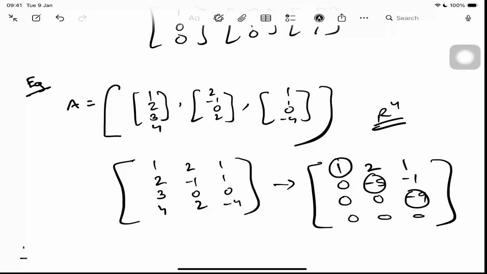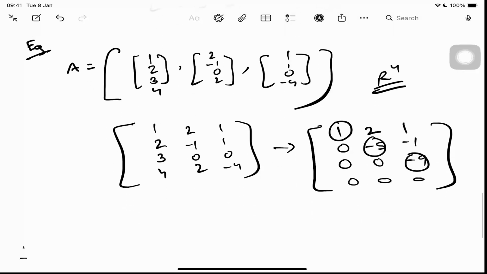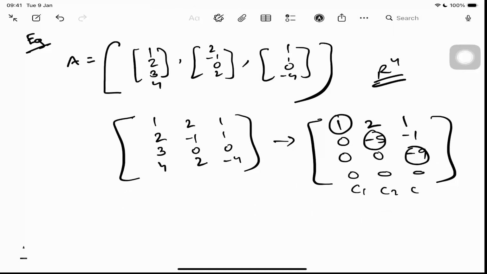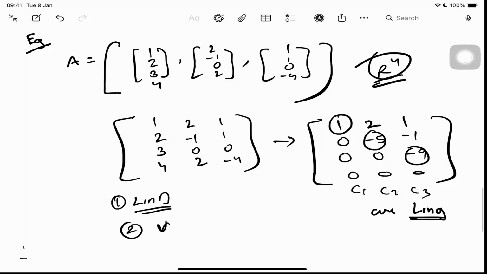As we have 3 pivots in this, from earlier lessons you can tell that C1, C2 and C3 are linearly independent. Now, to check whether something forms a basis, there are 2 conditions. First, they should be linearly independent, and second, they should span the whole space V, which in our case is R4.